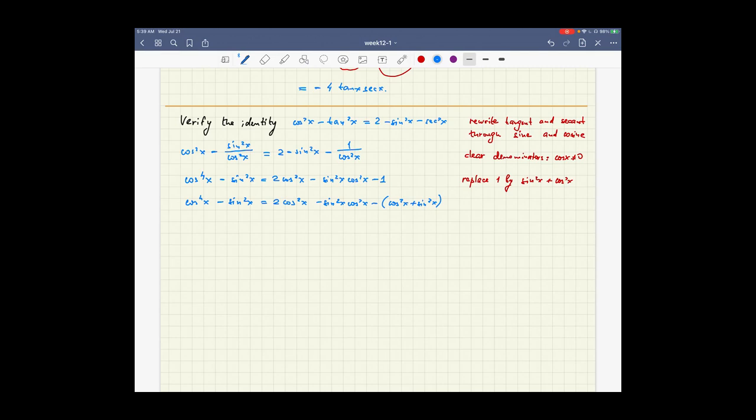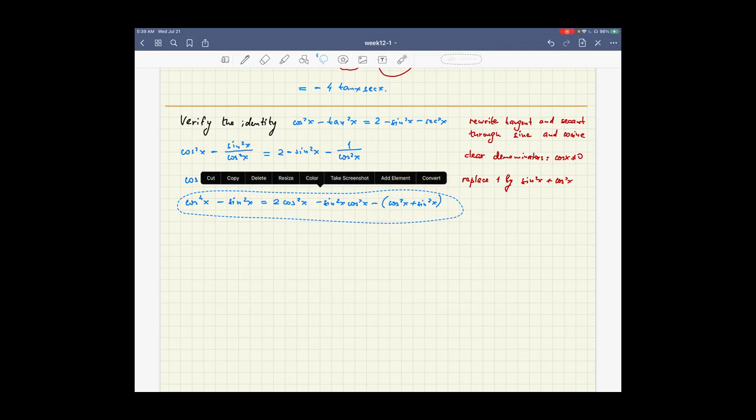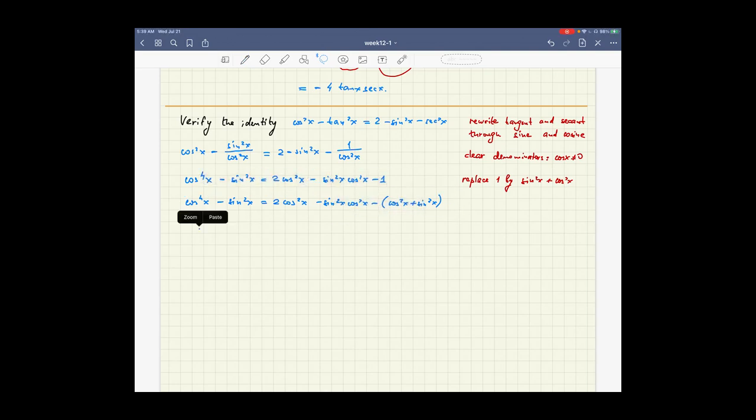Now if we expand the parentheses, distribute the minus, this here will be a minus. And negative sine squared and negative sine squared cancel out.